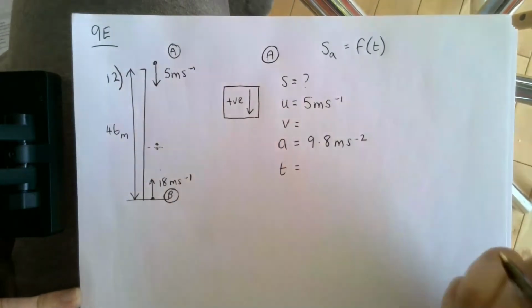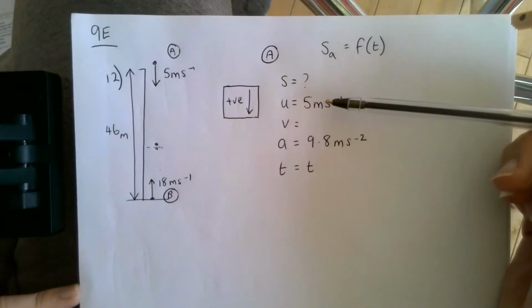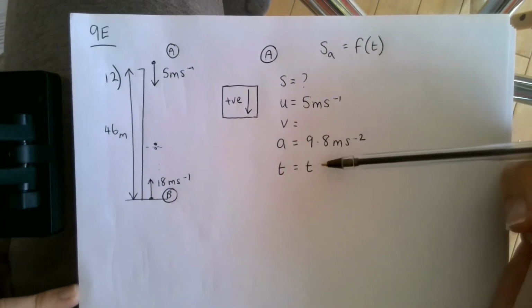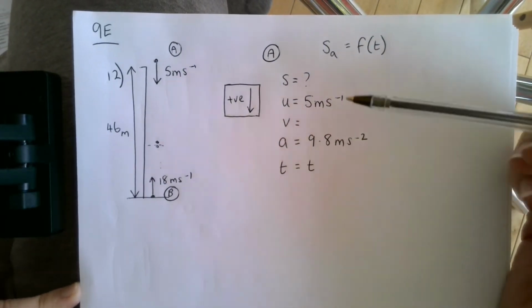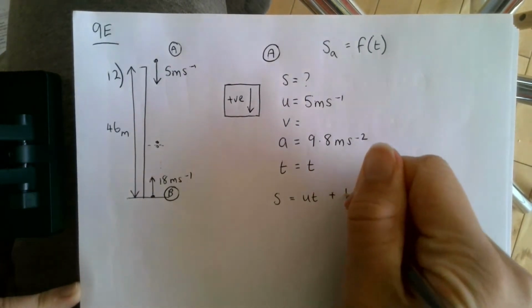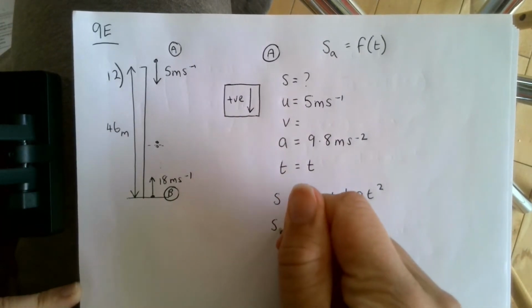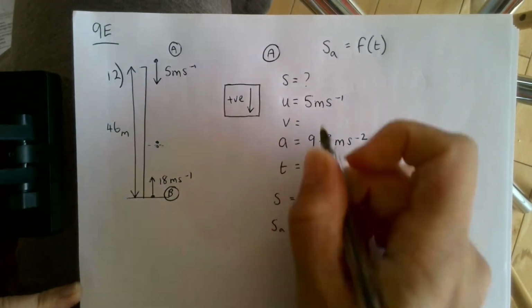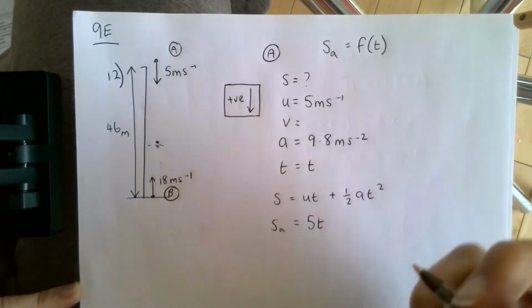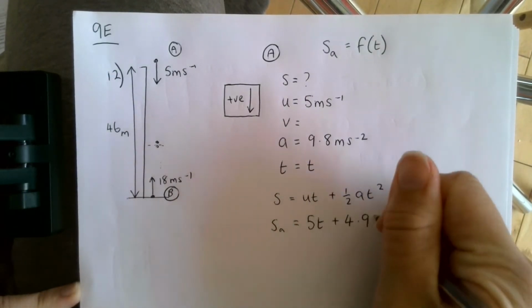And the time, I'm just going to say, is time t. So I've got u, a and t, and I'm trying to find s. So I'm going to use s equals ut plus a half at squared. And I get that S of A is equal to 5t plus a half of 9.8, so plus 4.9t squared.